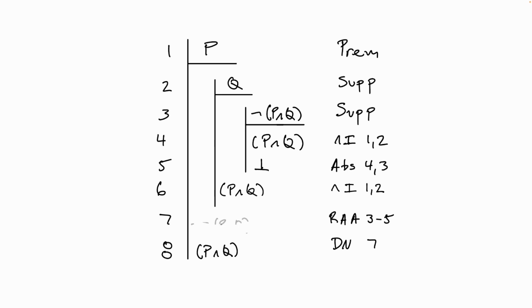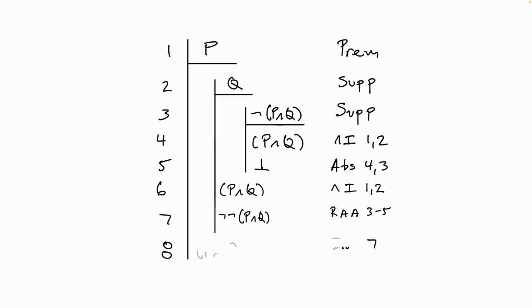Had we kept the subproof with Q at the top of it open at line 7, had we, in other words, continued to suppose that Q is true for another line, then the subproof that begins with not P and Q and ends with absurdity would have been available for use at line 7. So in that case, we could have legitimately written down not P and Q at line 7 by applying the reductio rule to the subproof from lines 3 to 5.